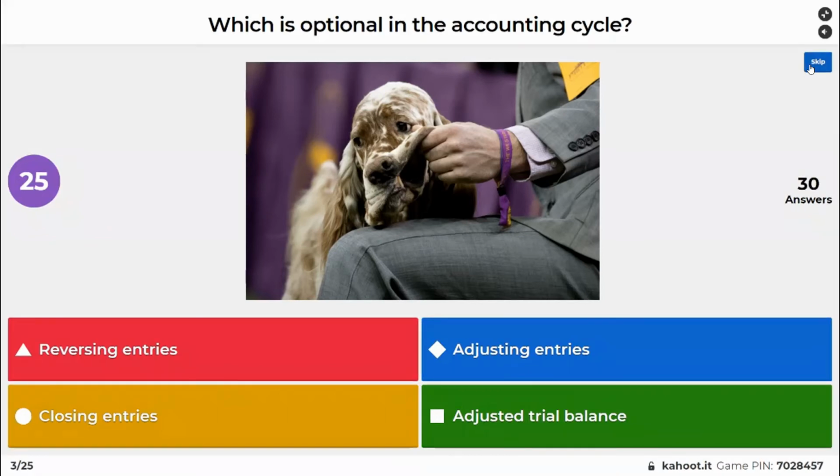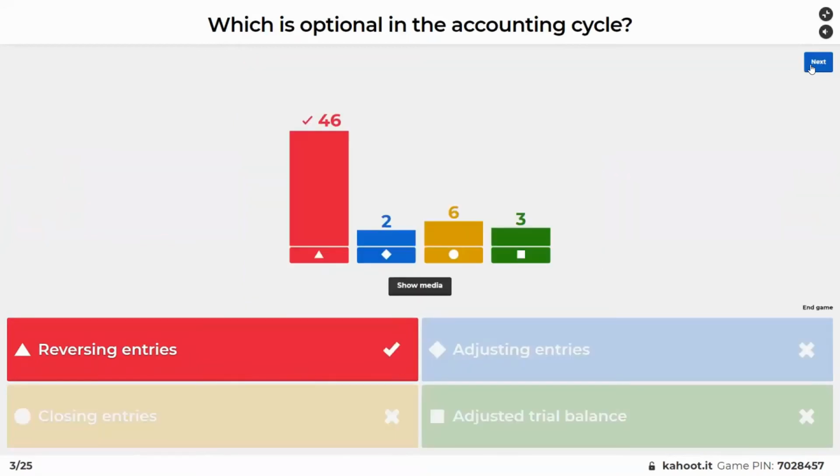Ba, mukhang mabilis kayo dito. Which is optional in the accounting cycle. Okay, so 46 of you got the correct answer.